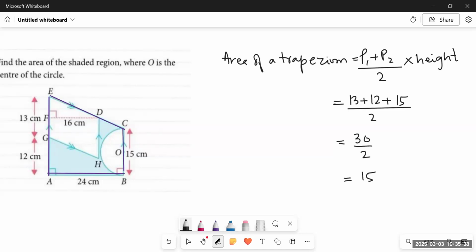Since we have already been provided with this perpendicular line from A to B, we can see that the height would be 24 centimeters. So what's next? We just have to multiply it by 24. That's it. And when we multiply 15 by 24, the answer would be 360 centimeters squared. It means the area of this whole shape is 360 centimeters squared.